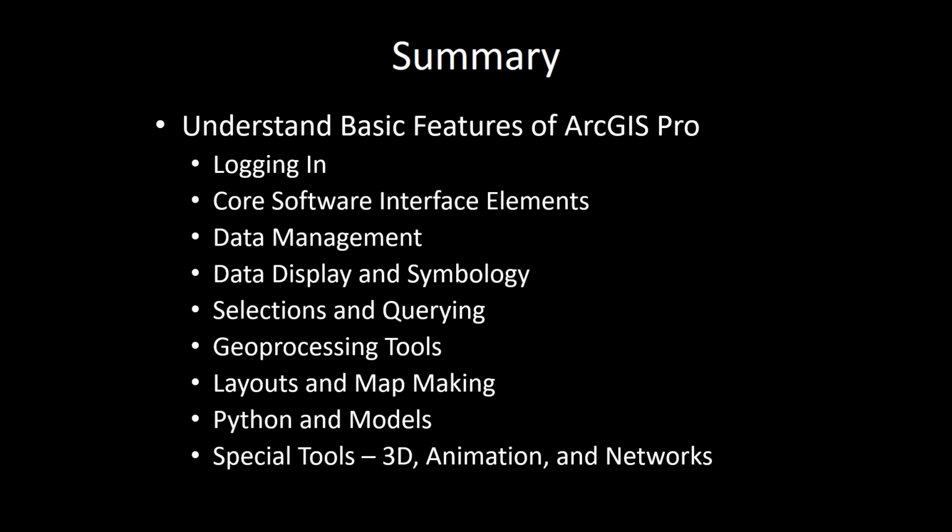You should now have an understanding of the basic features of ArcGIS Pro that include logging into the software using your ArcGIS Online account, core software interface elements that include the map, the table of contents, and the various tabs and ribbon buttons, data management using ArcCatalog, data display using Symbology, various forms of attribute and interactive selections, as well as basic querying, how to find and use geoprocessing tools, how to get started with layouts and making a map, how to use command line and external scripts with Python, how to build a basic model, and I also covered some special topics just to get you excited about what's possible with ArcGIS Pro.